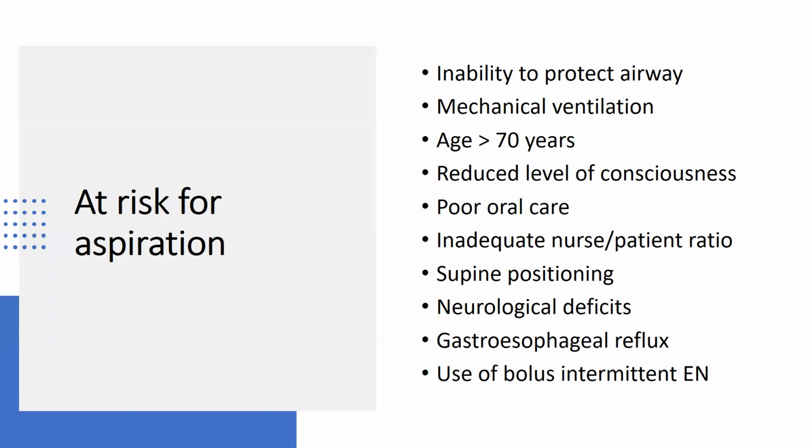Factors that make you think about patients who are at risk of aspiration include the inability to protect airway, mechanical ventilation, age, reduced levels of consciousness, poor oral care, an inadequate nurse to patient ratio, supine positioning, neurological deficits, reflux, and even the bolus use of intermittent feeds. But you can see that these could apply to many of our patients.